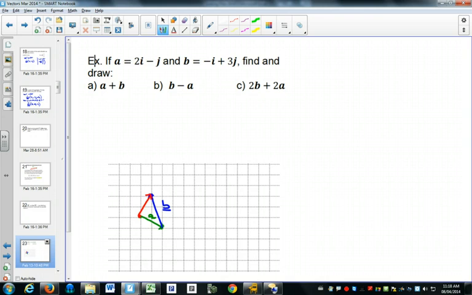So this is going to equal 1 to the right, i, and 2 up, j. And remember, we underline our vectors, or bold them, but it's pretty hard to bold them, so we underline them. Now look at the expressions. Can you figure out a way that we're going to be able to do this without having to draw the picture every time?